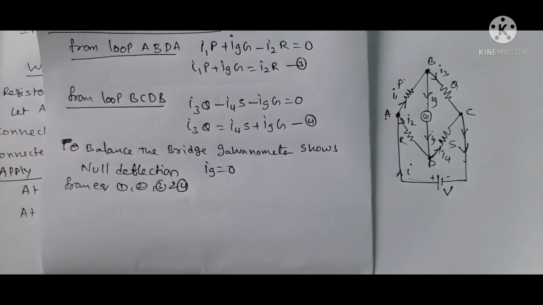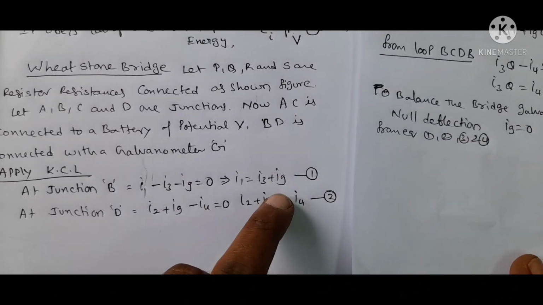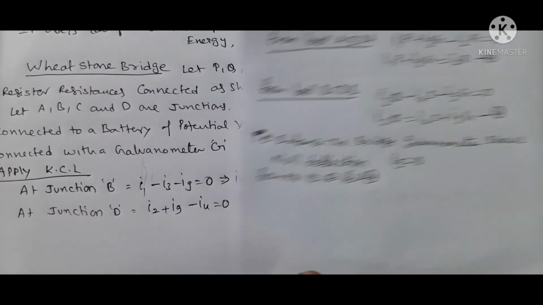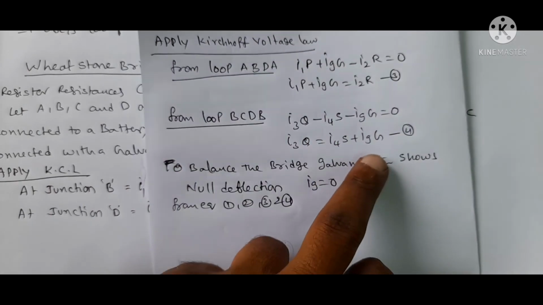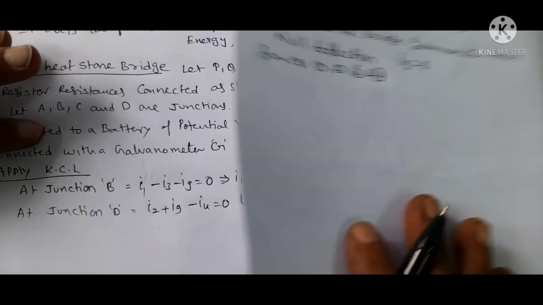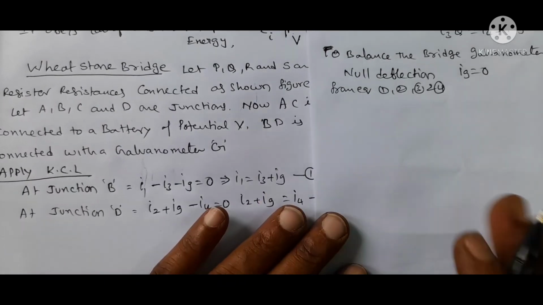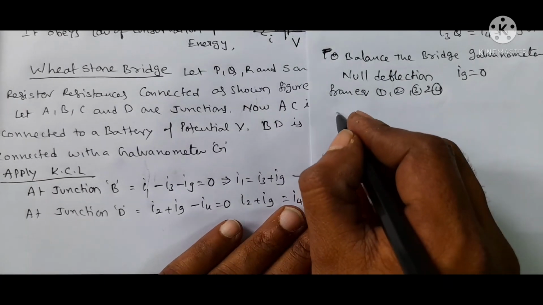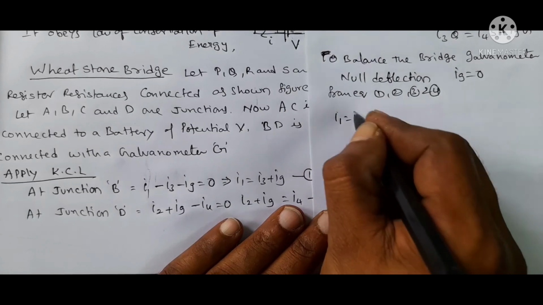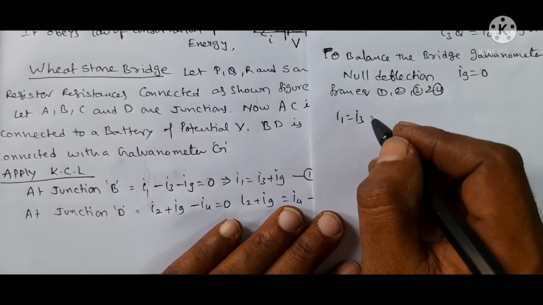Now from equations 1, 2, 3 and 4. This is equation number 1, equation number 2, equation number 3, equation number 4. Now in these equations Ig should be substituted as 0. Ig is equal to 0. That means you will get I1 is equal to I3.